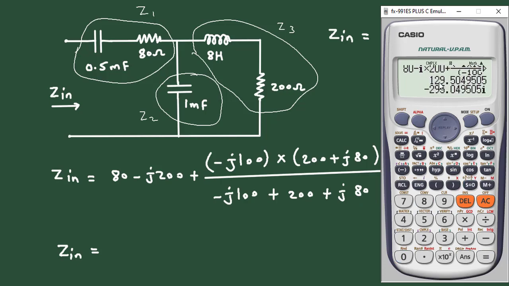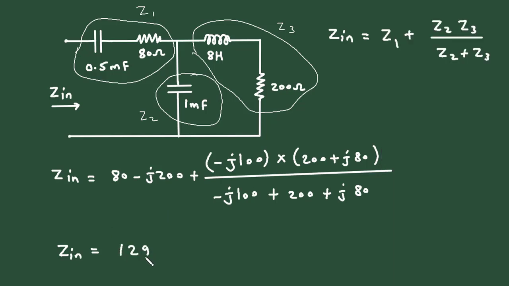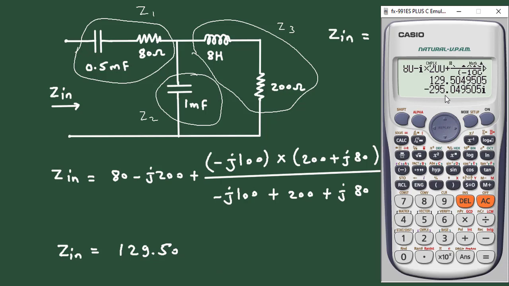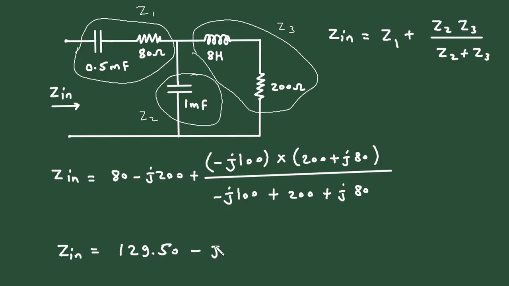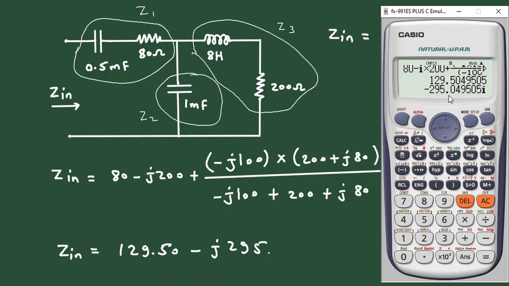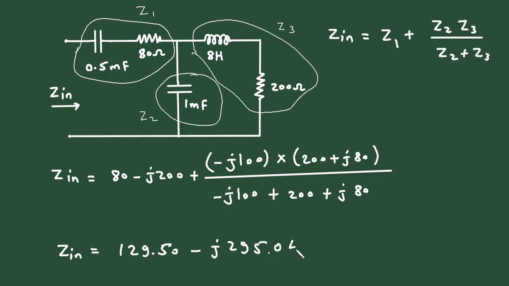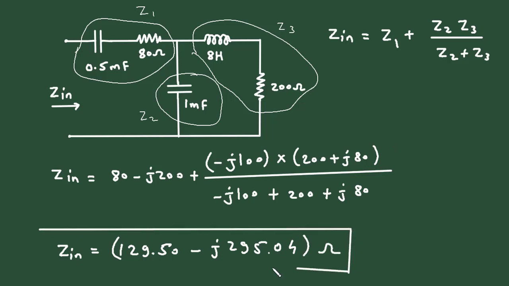So it is 129.50 minus j295.04, and since it is impedance, its unit will be ohm. So this is how we can find input impedance.